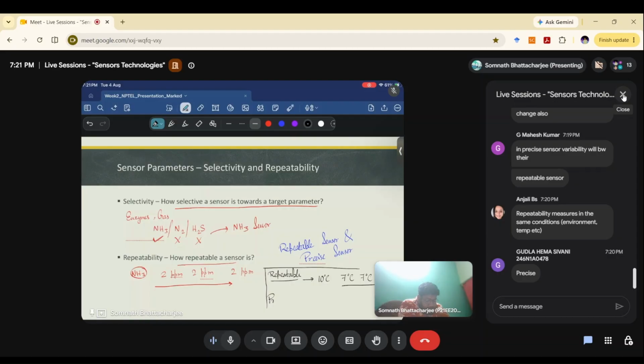Now in this case, let's say that the value is 20 millivolts, the change in voltage, right? And for 51, let's say the value is 22 millivolts. So what is our resolution?